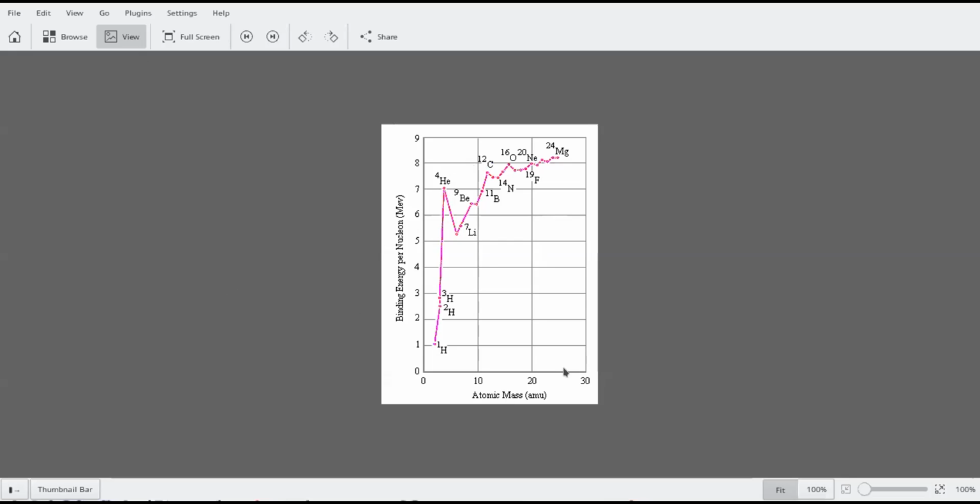Oh, no, it was not showing, it seems. Now it should be easy. Okay. Now I'm showing you what I was talking about. You see that beryllium is lower.